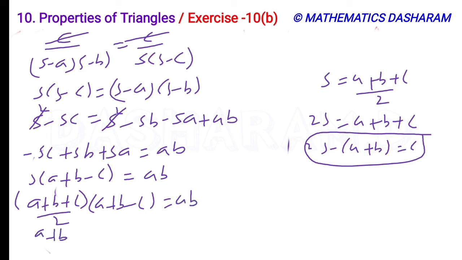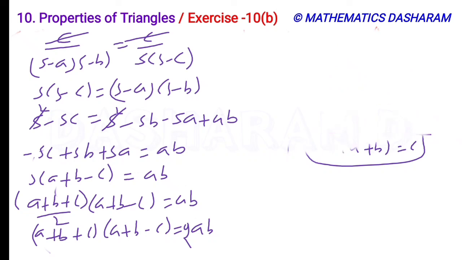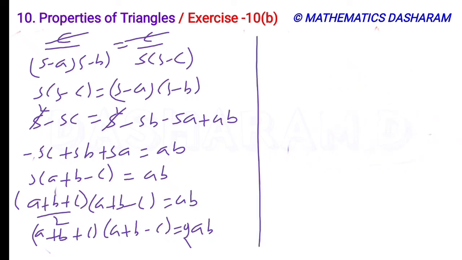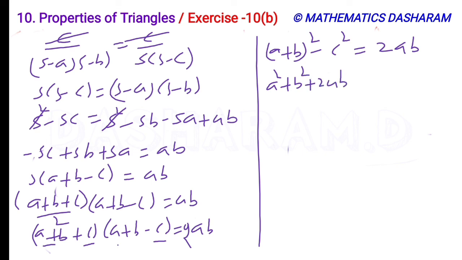So (a plus b plus c) into (a plus b minus c) equals a into b, and 2 transposes to the RHS. So now, with the (a plus b)(a minus b) kind of formula, that is (a plus b) whole squared minus c squared equals 2ab. Then, a squared plus b squared plus 2ab minus c squared equals 2ab.